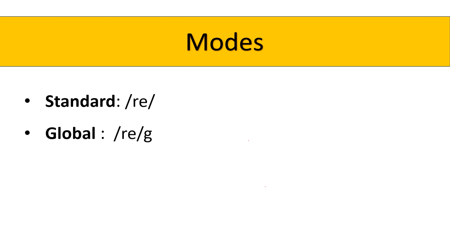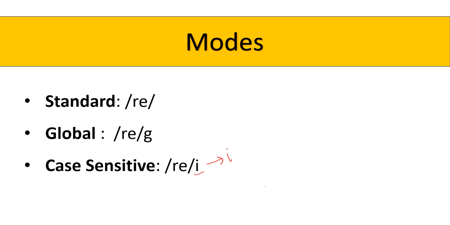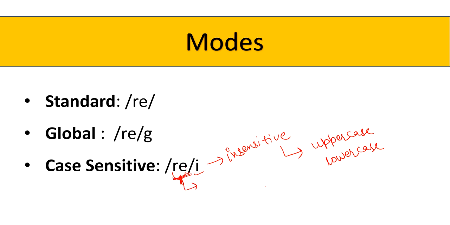And then comes case sensitivity. This i signifies insensitive. Insensitive means that whatever regular expression we are using never pays attention to whether it is uppercase or lowercase. It just gives the result wherever this regular expression has been used.